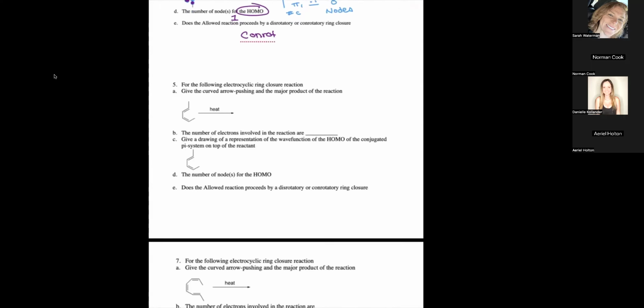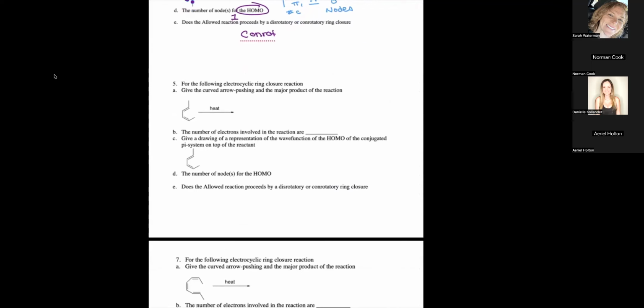So with this one, curved arrow pushing for the major products of the reaction. We're trying to close the ring. It's not going to go to here, because there's nowhere for the electrons to keep going.